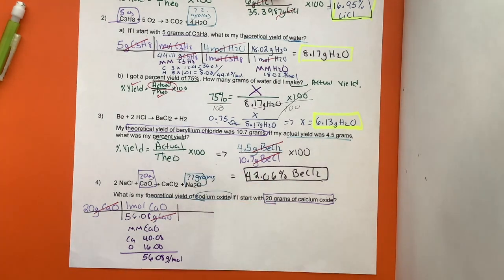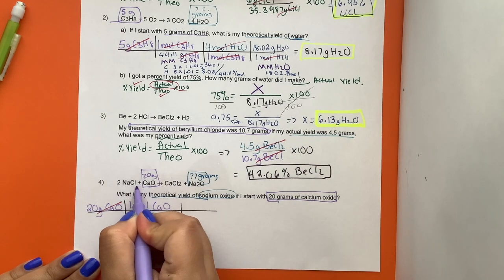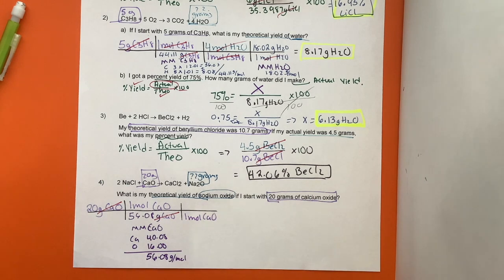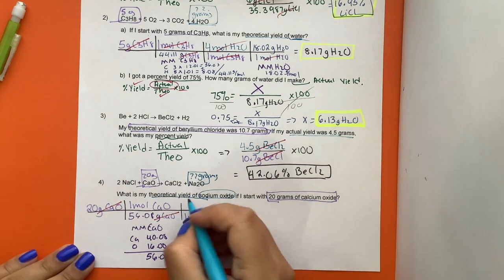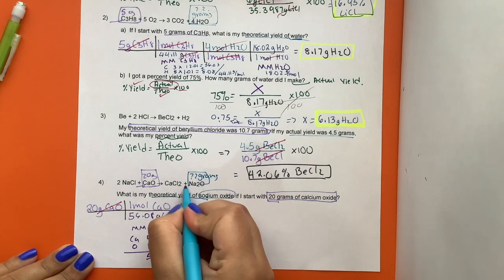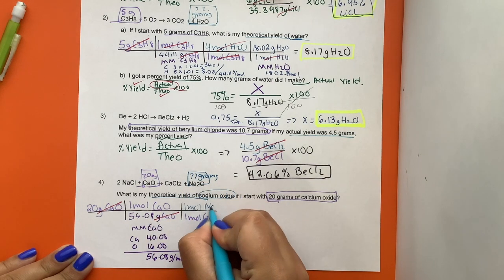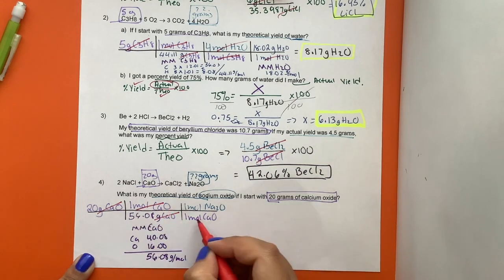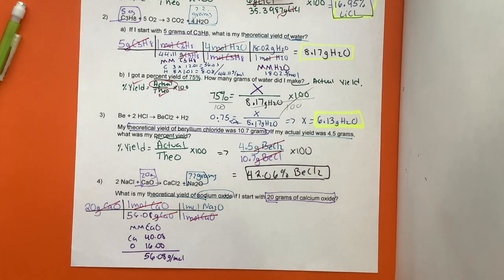Now I'm going to use my little friend called the mole ratio, in which I look at the balanced chemical equation. There's 1 mole of CaO for every 1 mole, right, because no number here, of Na2O. The moles of CaO get canceled out.